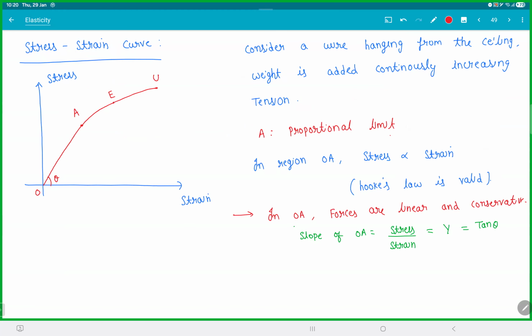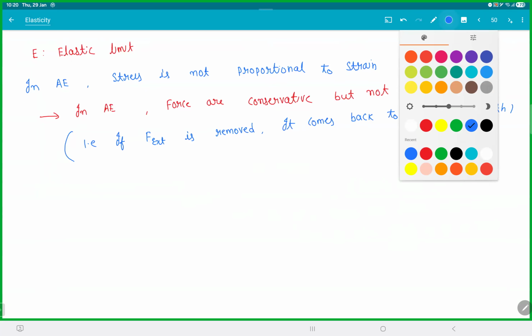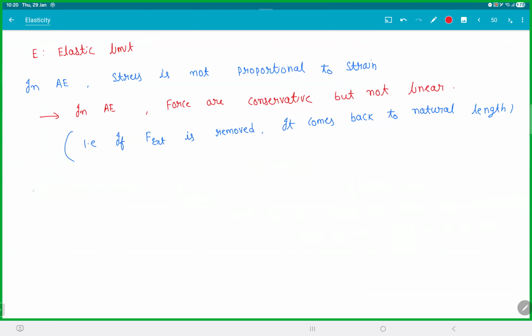You reach something called U. U is called the ultimate strength. In this region EU, once you cross E, if you try to remove the force, you won't come back to the natural length. There is a permanent deformation.